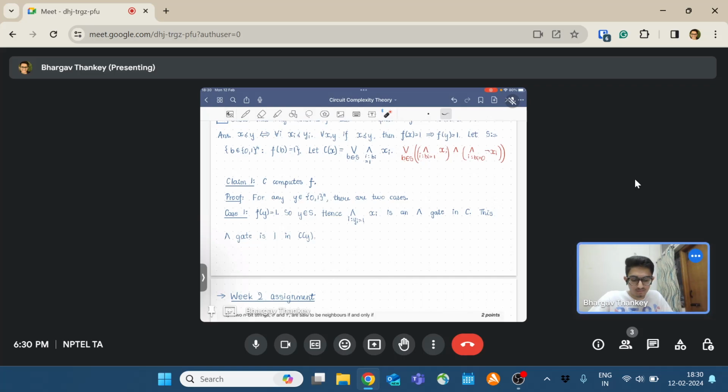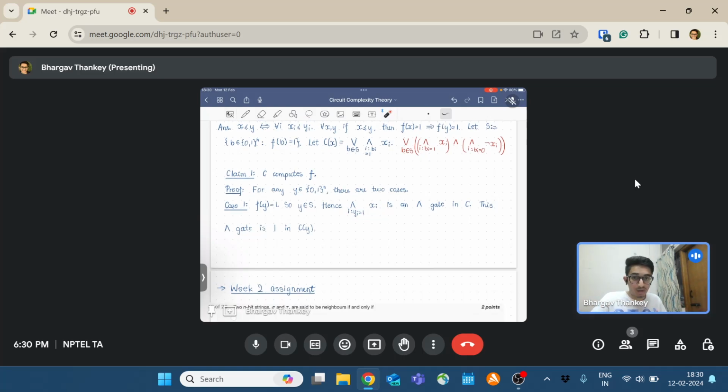However, this AND gate can evaluate to one even though the input is not Y. It might be possible that some bits of y are flipped to zero. That may also exist as an input to some other AND gate. Let's say the function is constant one, outputting one for all inputs. I was trying to point out the difference between these two circuits.